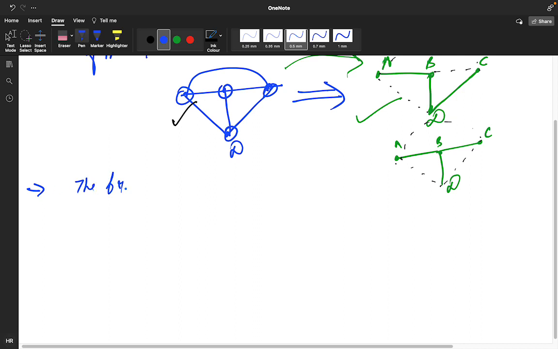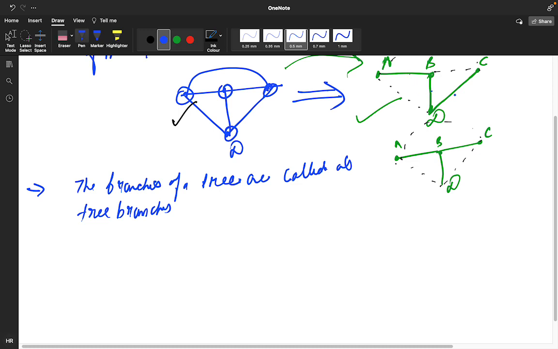The branches of a tree are called tree branches. So this particular branch is known as a tree branch. Or we give a different name, that is twigs.